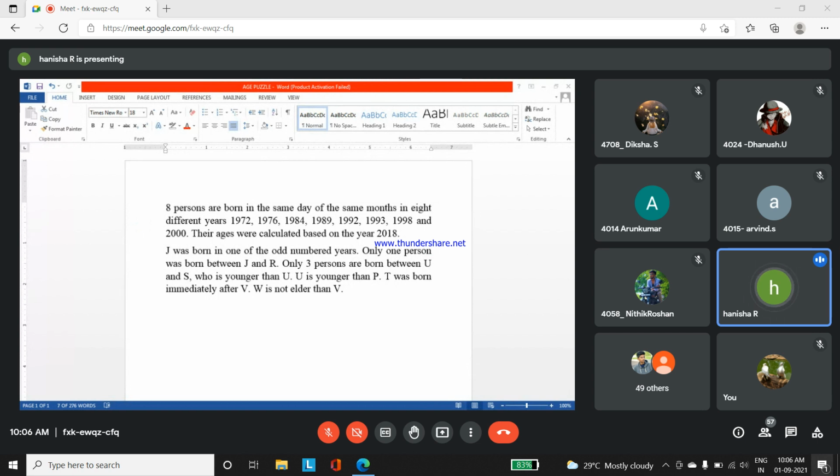So first I'm marking the framework. You have 8 persons and you need 3 columns, because one is for year, one is for age, and one is for the person. So I'm going to put a tabulation over here.